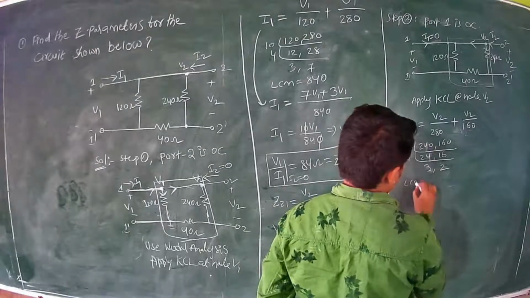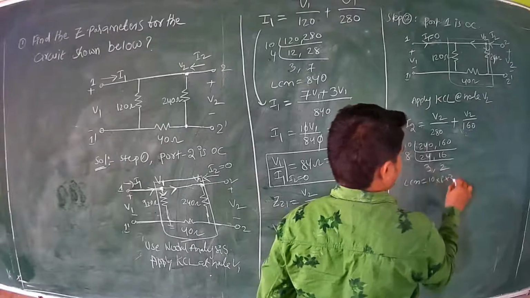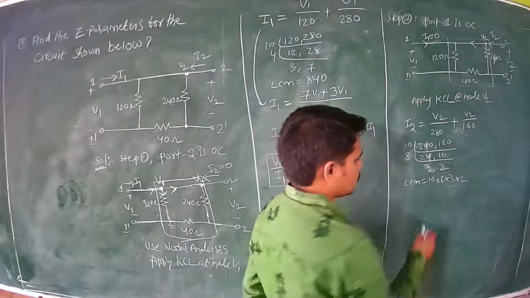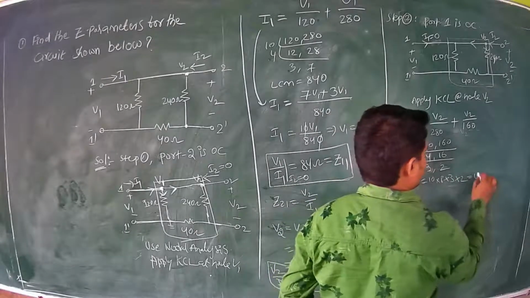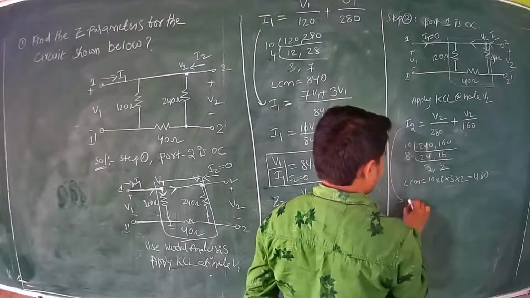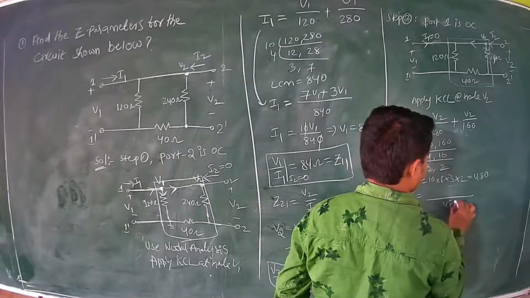What is the LCM? 10 into 8 into 3 into 2, multiplication of all these factors. 8 3s are 24, 24 2s are 48, into 10, 480. 480 is the LCM. Therefore from this equation, I2 equals, with the LCM 480.